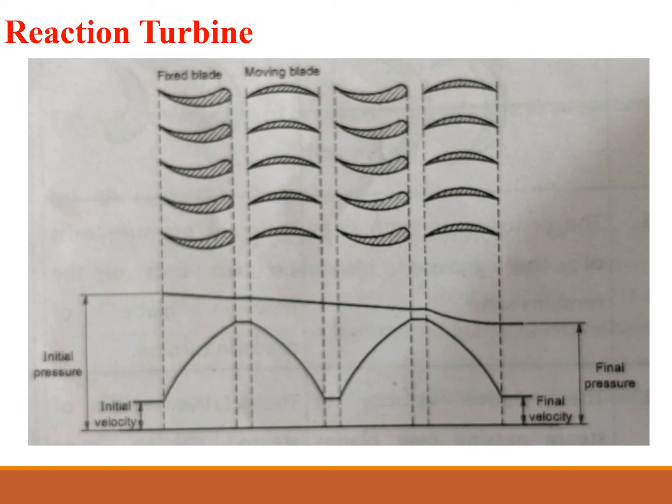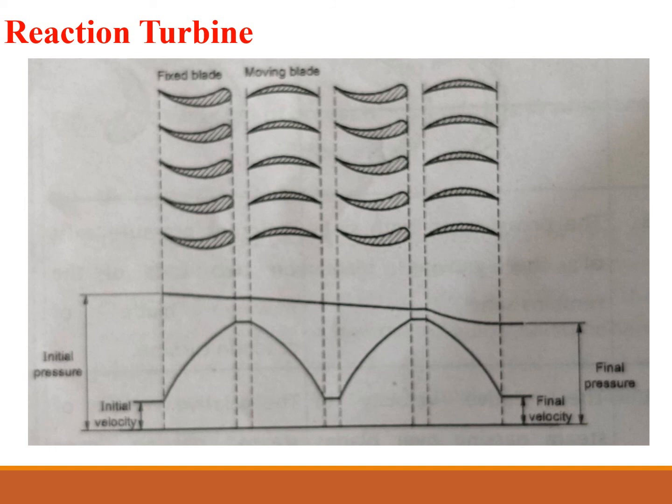The stationary blades act as a nozzle and change the direction of flow of steam by increasing the velocity. This type of turbine makes use of the reaction force produced as the steam accelerates through the nozzle formed by the rotor.